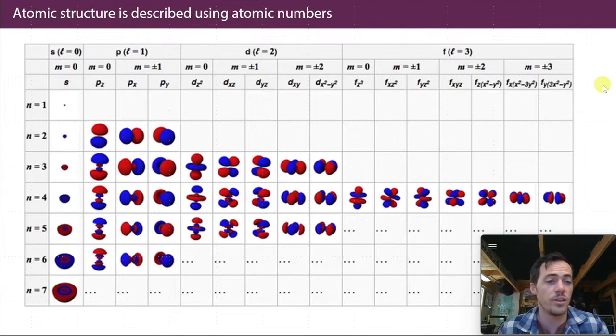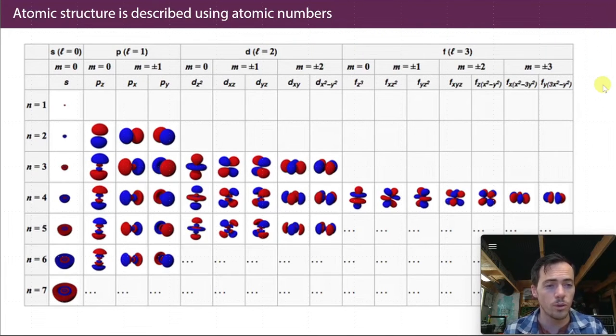Let's start with the smallest scale, the atomic level. One thing that you probably are aware of from your general chemistry or P-chem class is that we have a way of describing atomic structure, right? There are all these different shapes of orbitals, but they can be described with the 4 quantum numbers. You have your principal quantum number n, your orbital angular momentum quantum number l, your magnetic quantum number m sub l, and your electron spin quantum number m sub s, right?